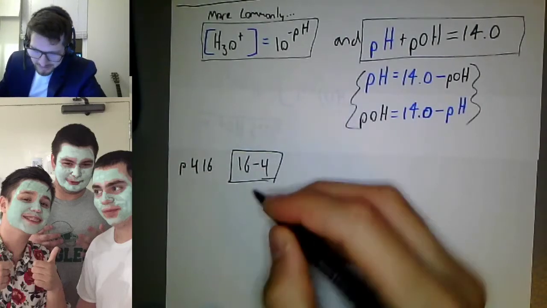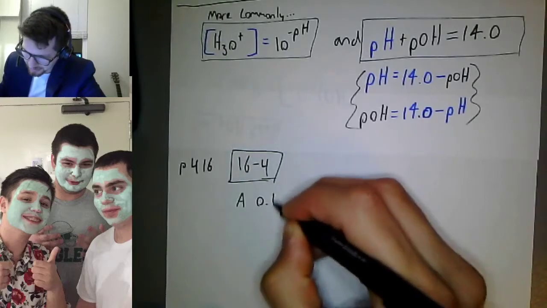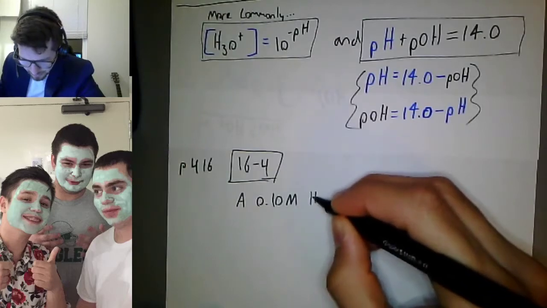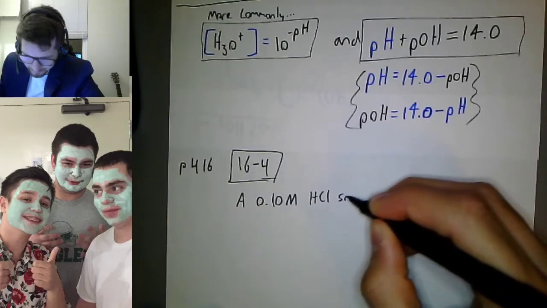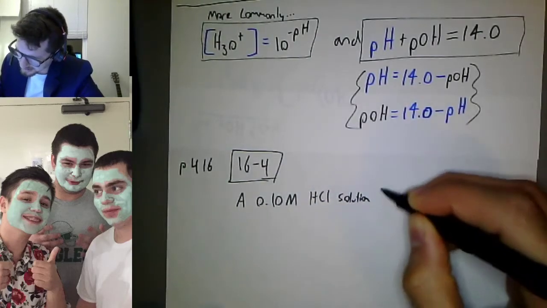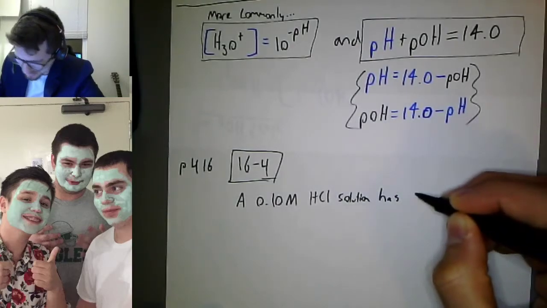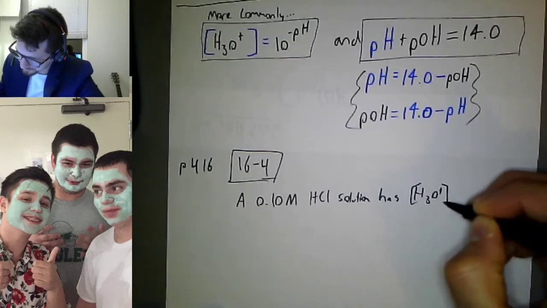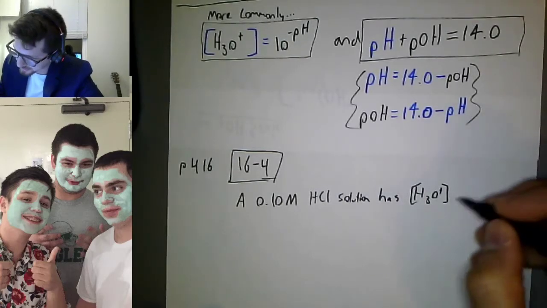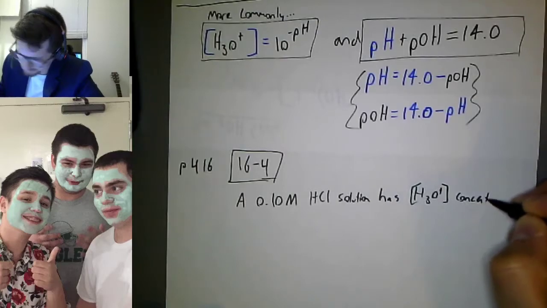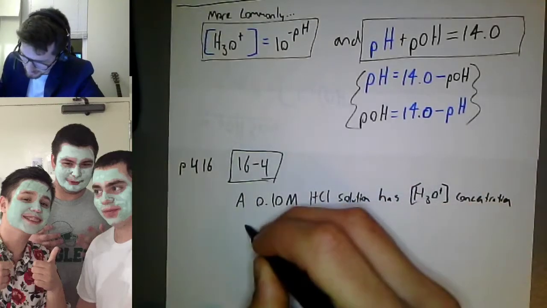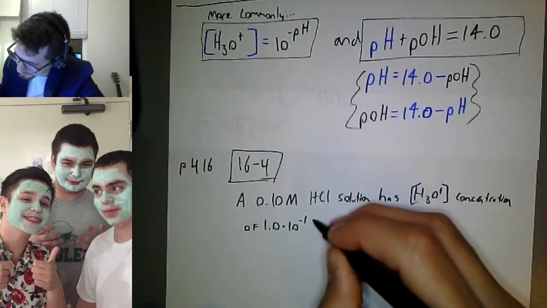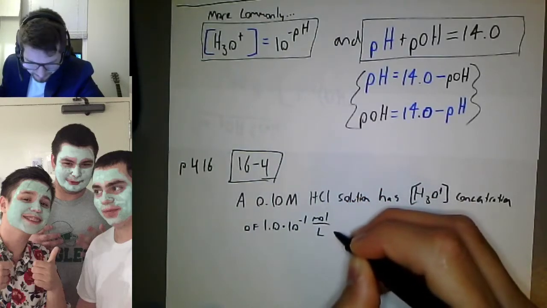So, 16-4. A 0.10 molar hydrochloric acid solution has a hydronium concentration of 1.0 times 10 to the negative 1 mole per liter.